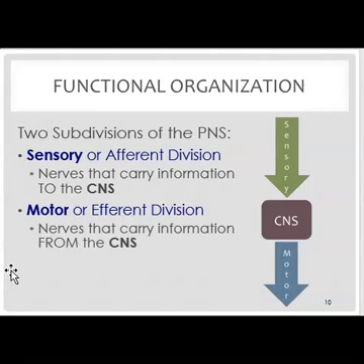My eye is taking in that information, and then it's going to send that information to the brain through the afferent nerves. The motor or efferent division is then going to carry information from the CNS to the muscles and the glands. So sensory is bringing the information to the CNS, motor is taking it away from the CNS.